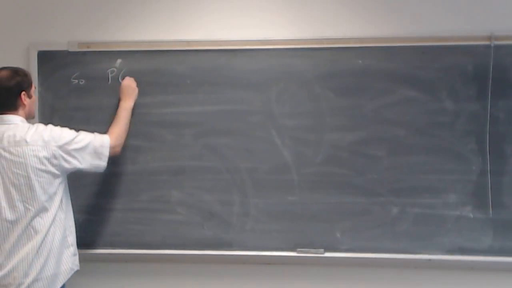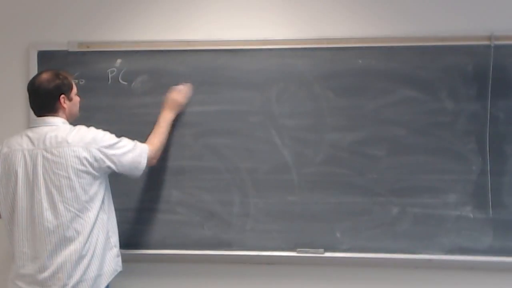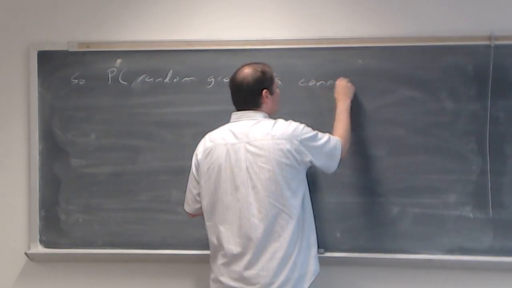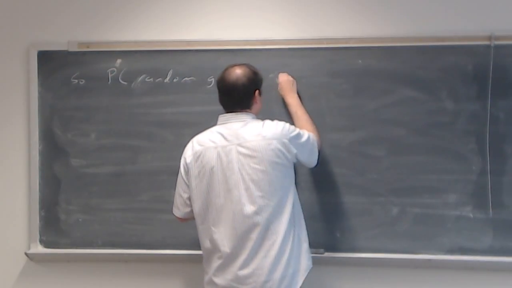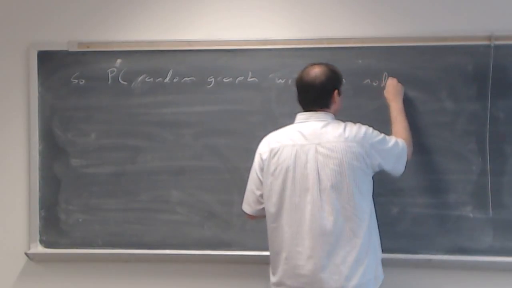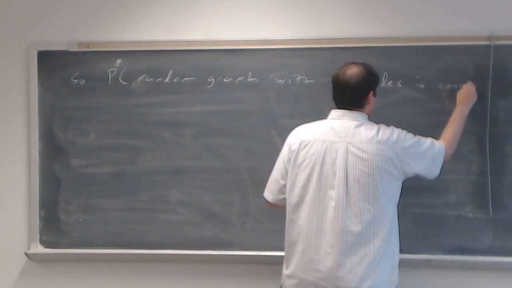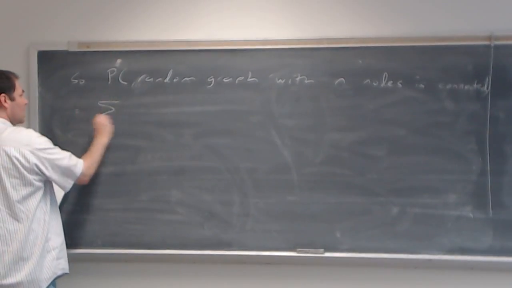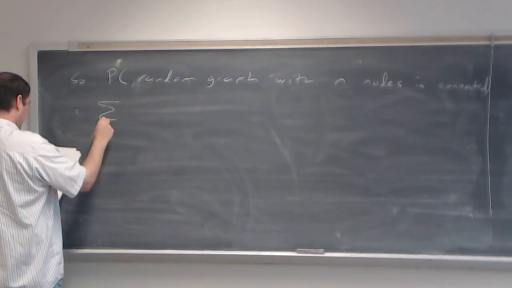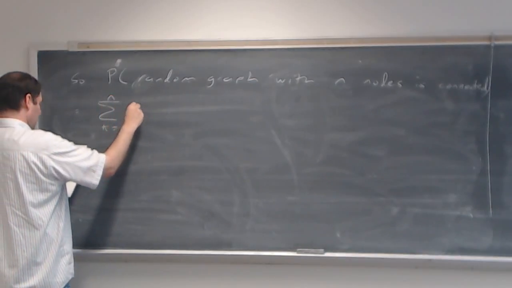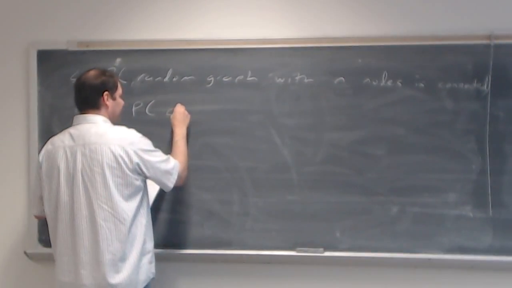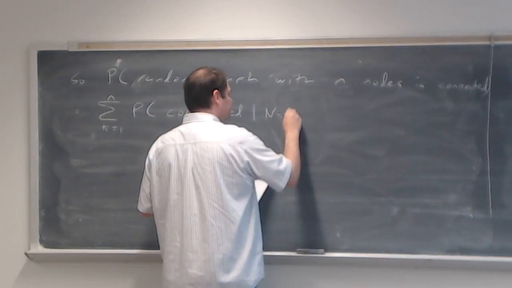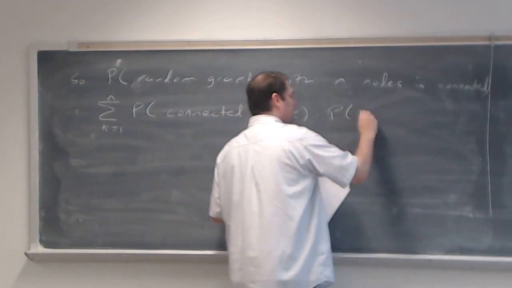So what we have, by the previous fact, is that the probability that a random graph with n nodes is connected is equal to a sum, as k runs from 1 to n, of the probability that the graph is connected given n equals k, times the probability that n equals k.